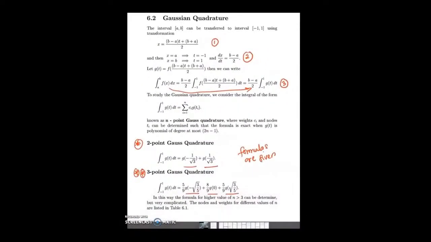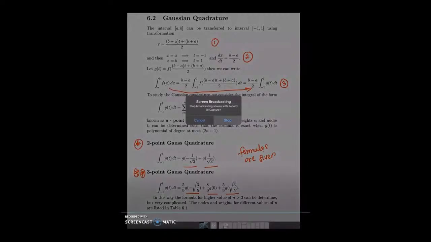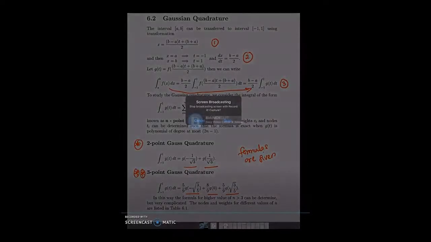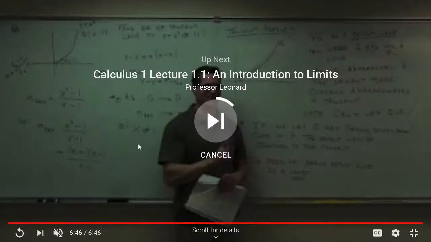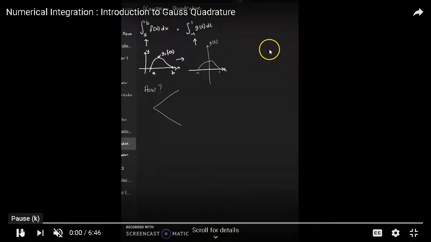As I told you, there are specific graphs and specific intervals [a, b] where we can apply the Gauss quadrature. We are going to have an example after this.